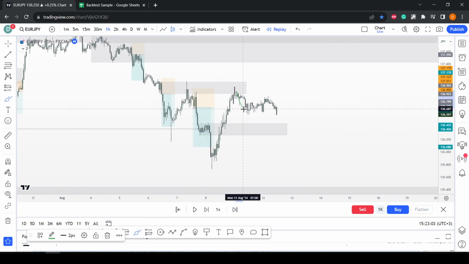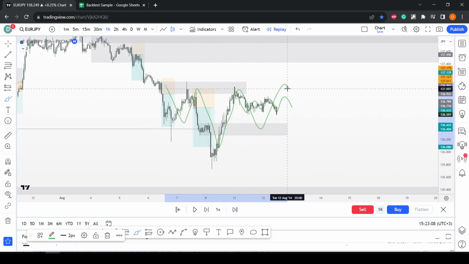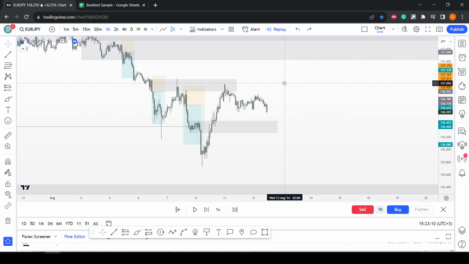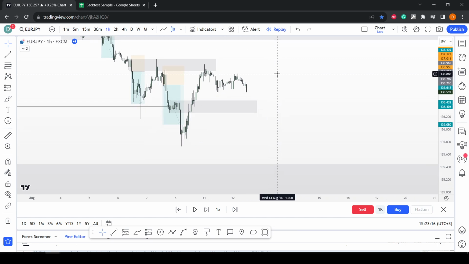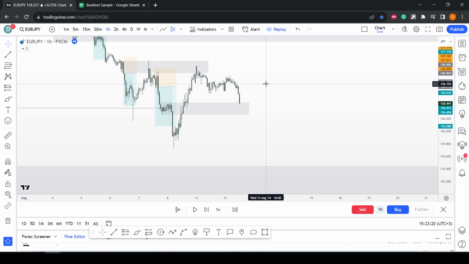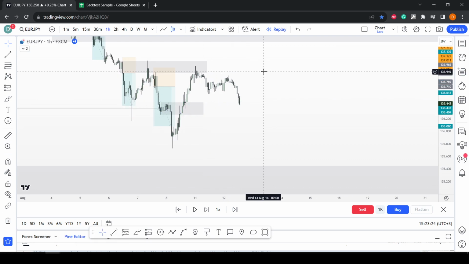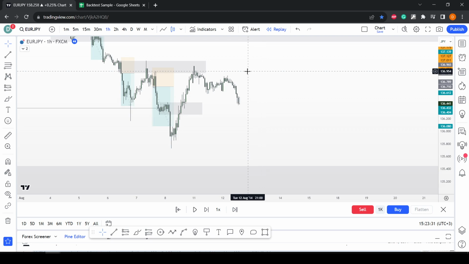So we first of all have this, and also we have this bigger box, and I still anticipate this low to be taken out, but I don't know. If it goes, then I will join. But now, I mean, it goes, so let's wait for either ICI or coming back to the zone.